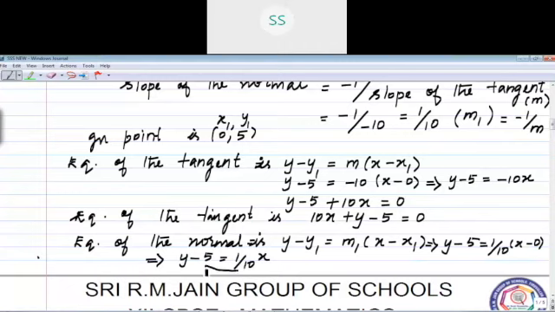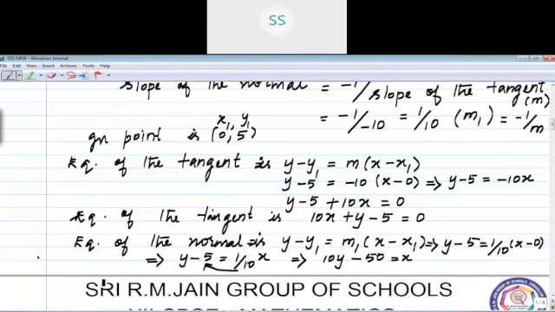Then use 10 and cross multiply, which implies 10y minus 50 equal to x. Finally, what you arrive?